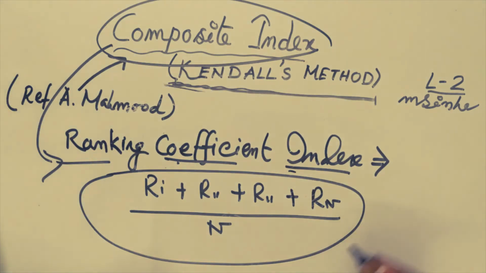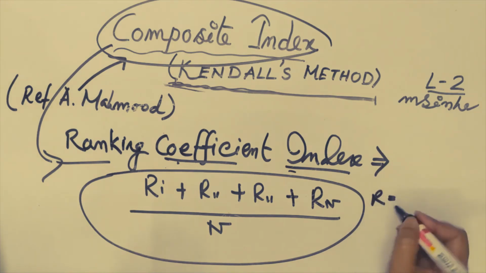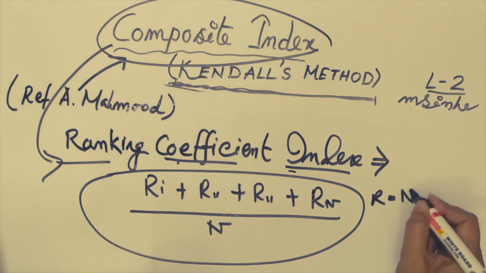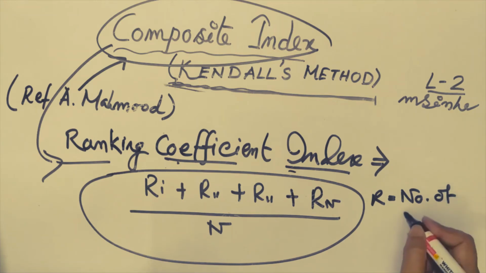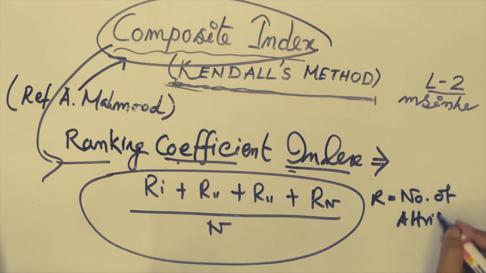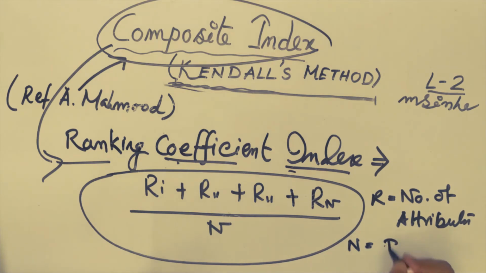R is the rank of an attribute, and n is the total number of attributes. Suppose 5 or 6 indicators are there, then you have to divide by n.